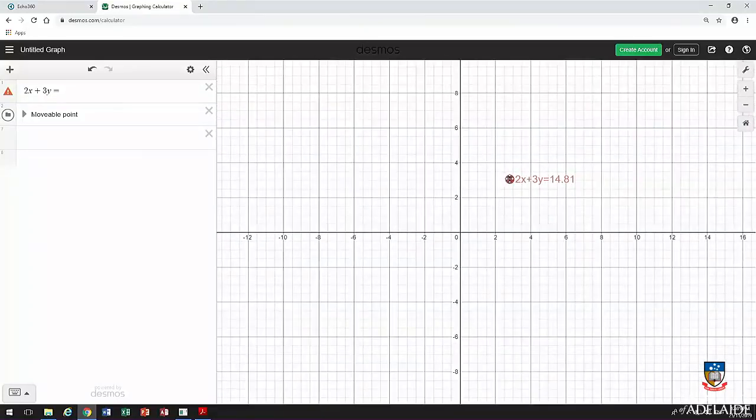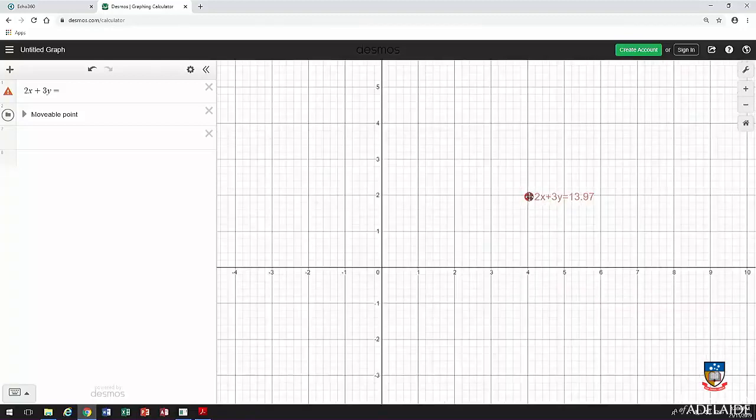So what I might do is move this point around and see that the answer comes out to different things. It's a bit hard to get it exactly on the point I want. Here at the point 4, 2, it looks like it comes out to about 14. But if I move it off a little bit, it'll be different.